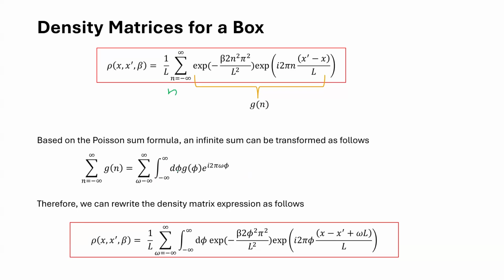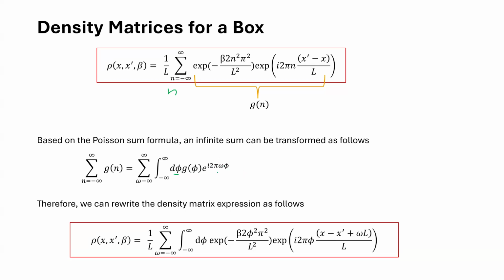In this integral, we integrate from minus infinity to infinity with respect to the parameter phi, g becomes a function of phi, and there's a factor exponential of i times 2 pi omega phi.